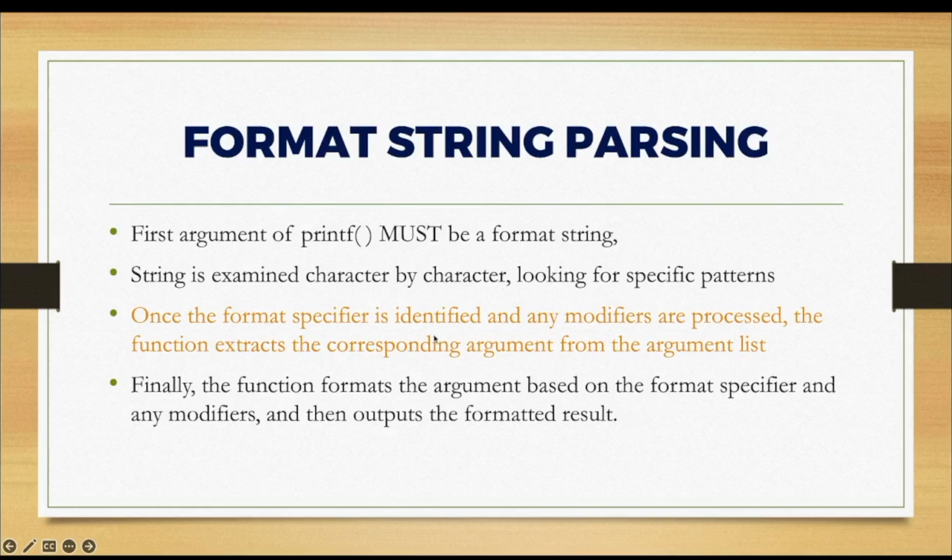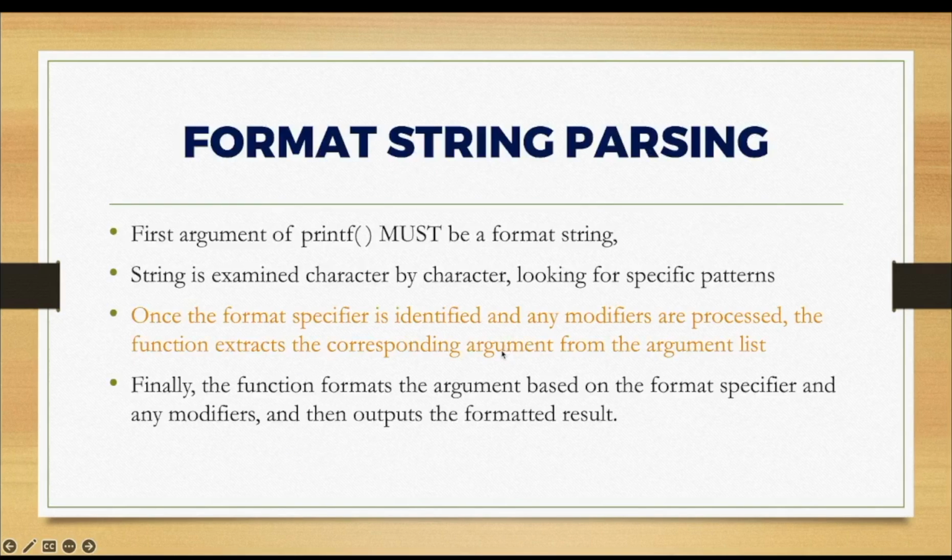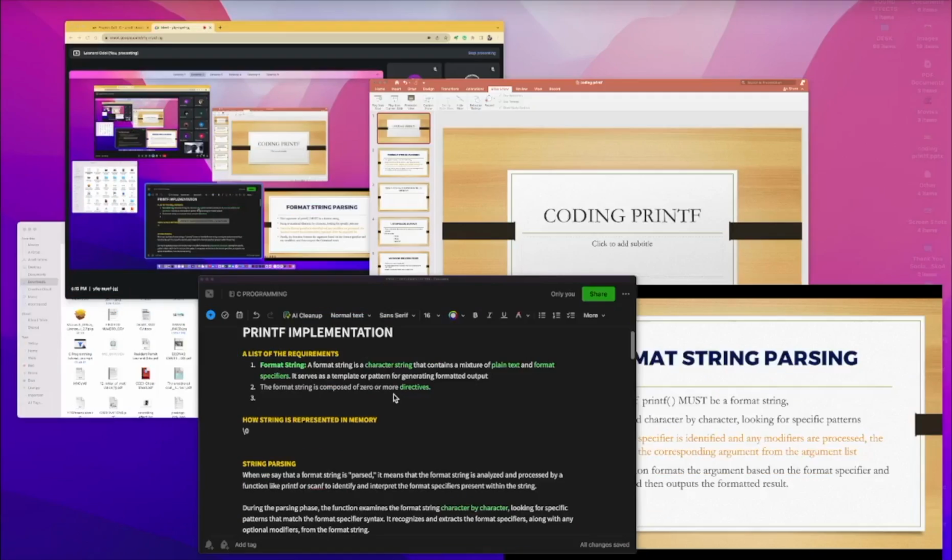Once a format specifier is identified and any modifiers are processed, the function extracts the corresponding argument from the argument list. Finally, the function formats the argument based on the format specifier and any modifiers, then outputs the formatted result. Now, what do I mean by that?